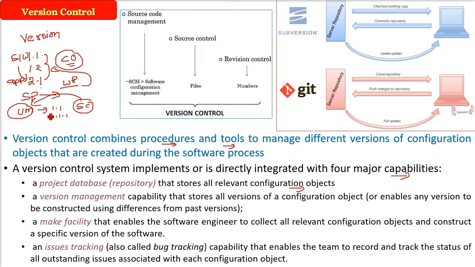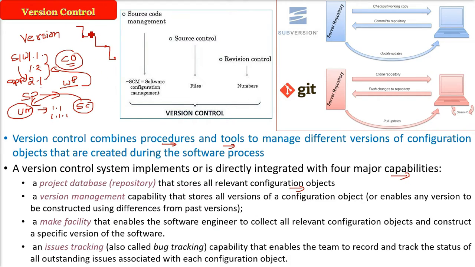Then we have version management. This SCM should have the capability to store all versions of the configuration object, or enable any version to be constructed using differences from past versions.